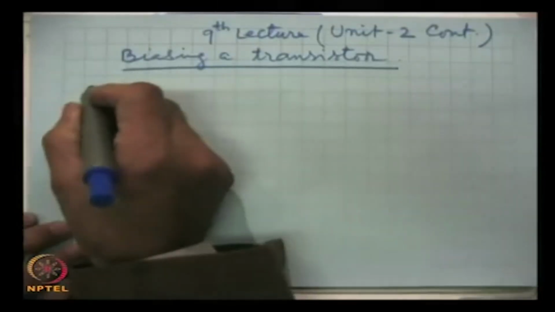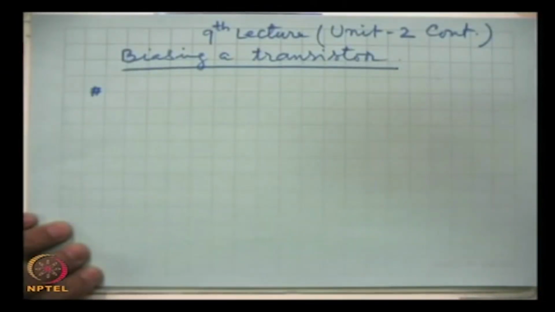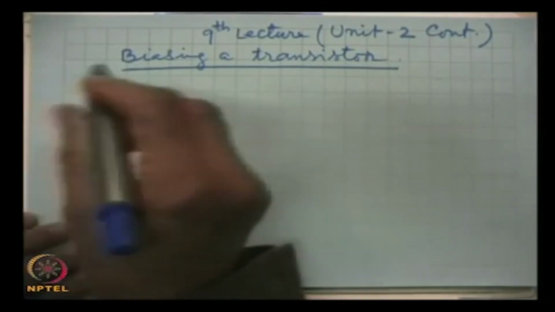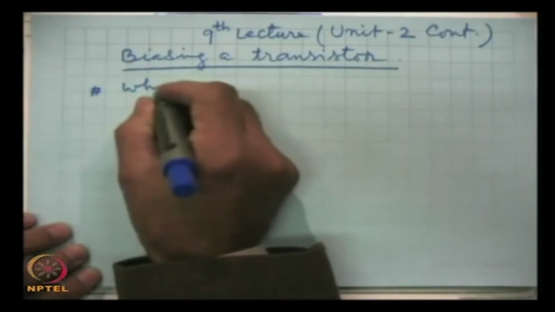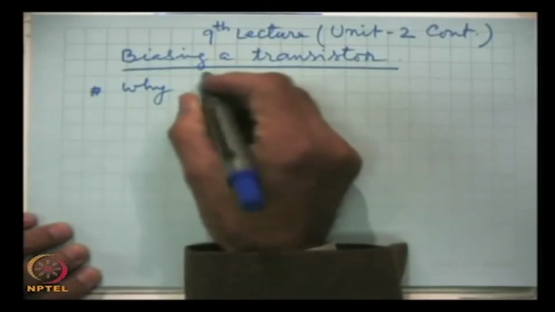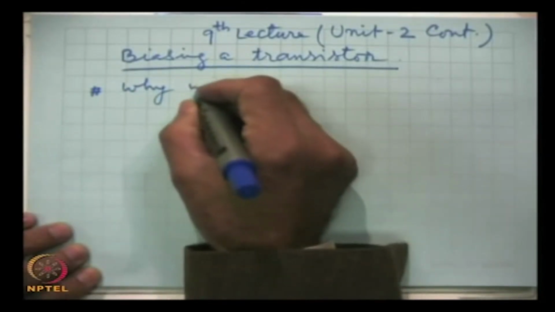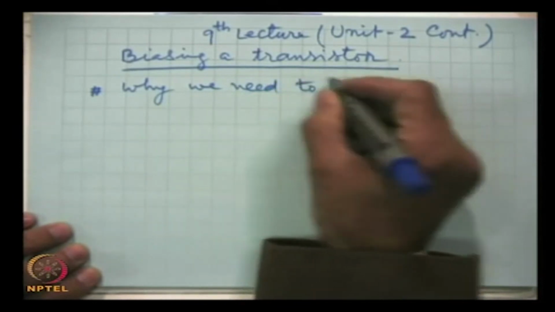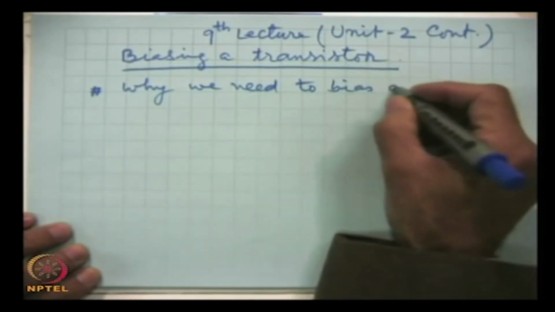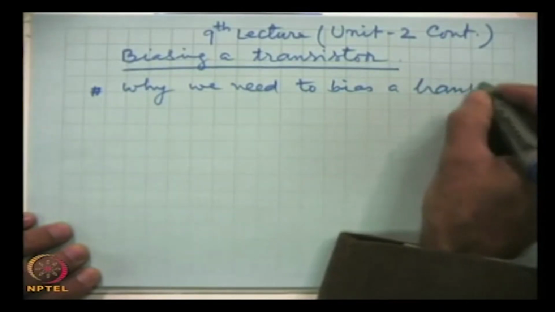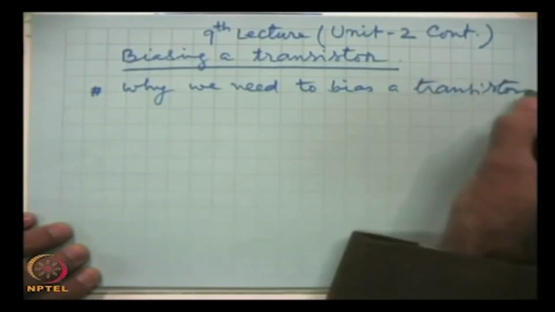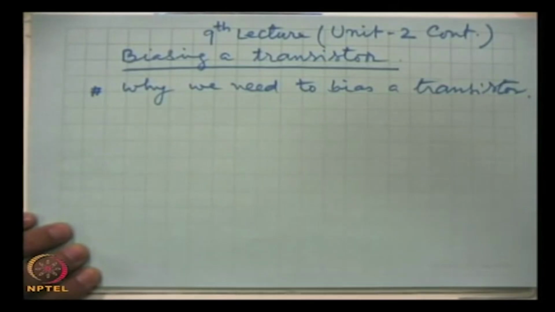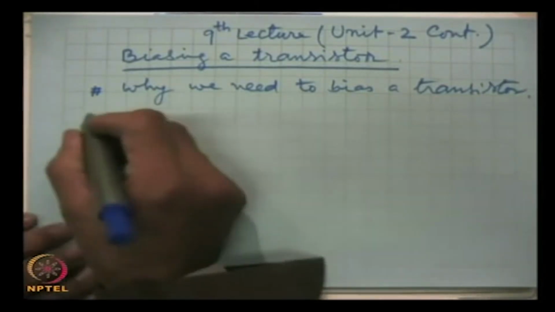Now, first thing is, let us answer a very pertinent and important question, that why do we need biasing? And then how do we bias?